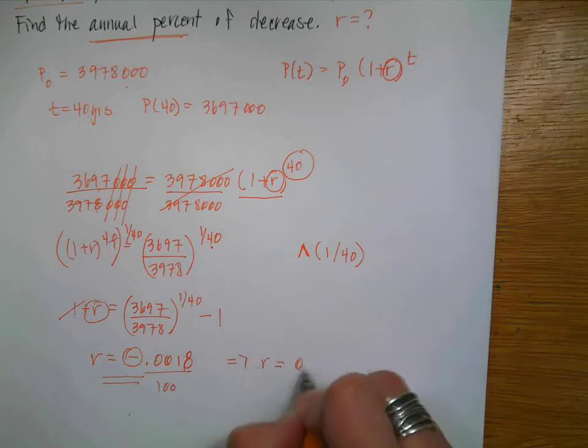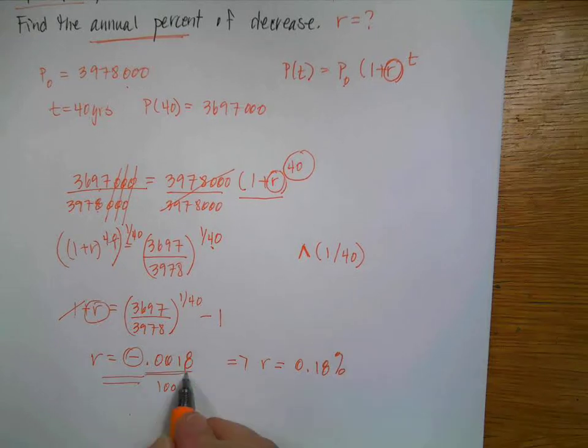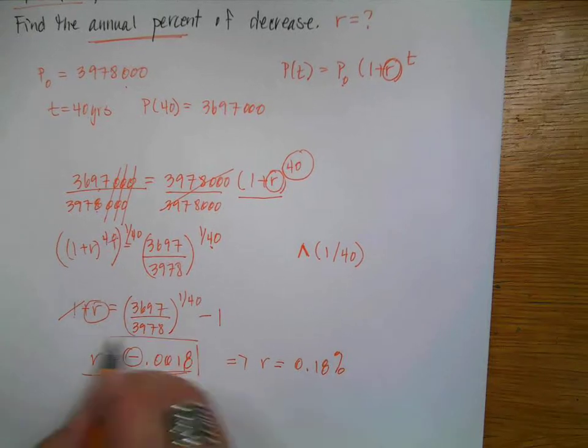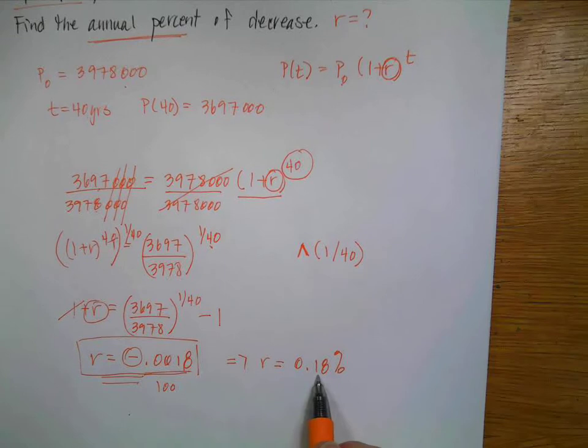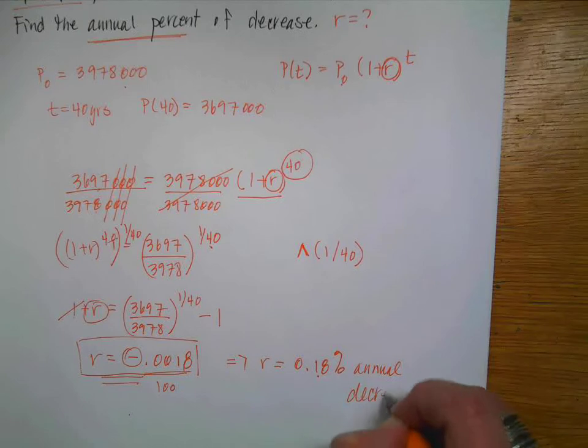Actually, I multiply by 100, so R is going to equal negative 0.18%. I'm okay if you leave it like this. This is probably just as easy, but it is a very small percentage. And this would be my annual decrease.